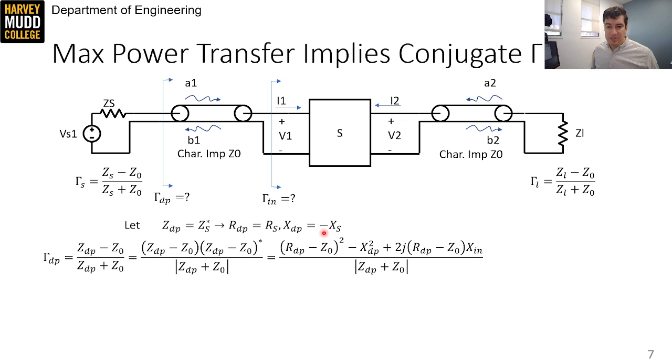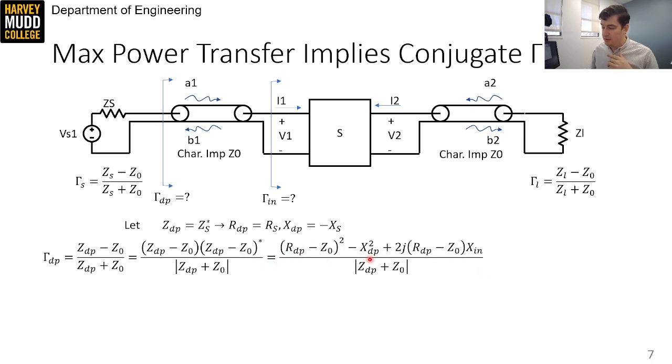We can define gamma dp using the reflection coefficient formula. And we're going to want to compare it to gamma s in a moment. So I took the step of rationalizing the denominator, multiplying the top and bottom by this term. And then I distributed the complex and the real terms over here.